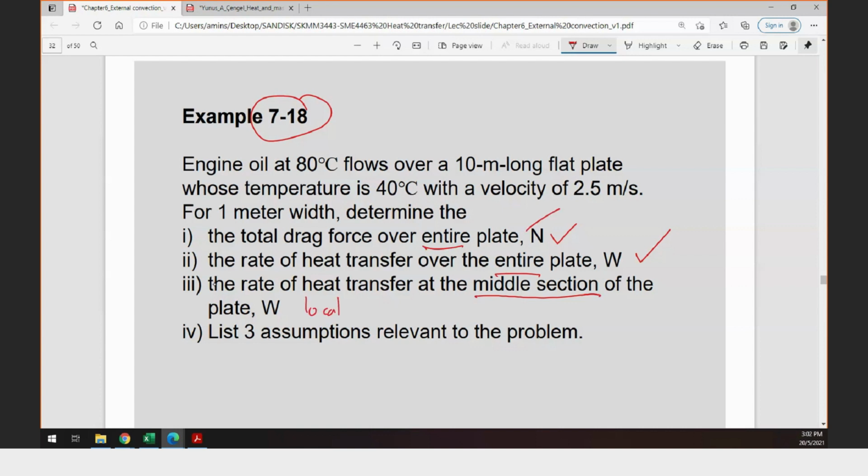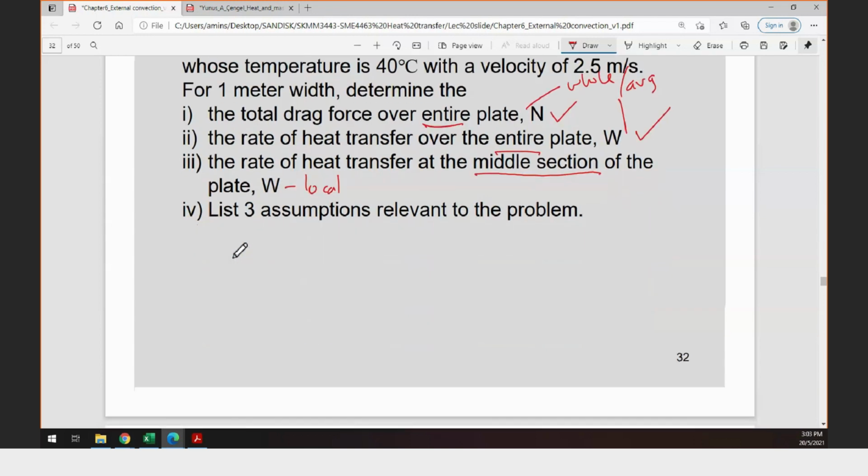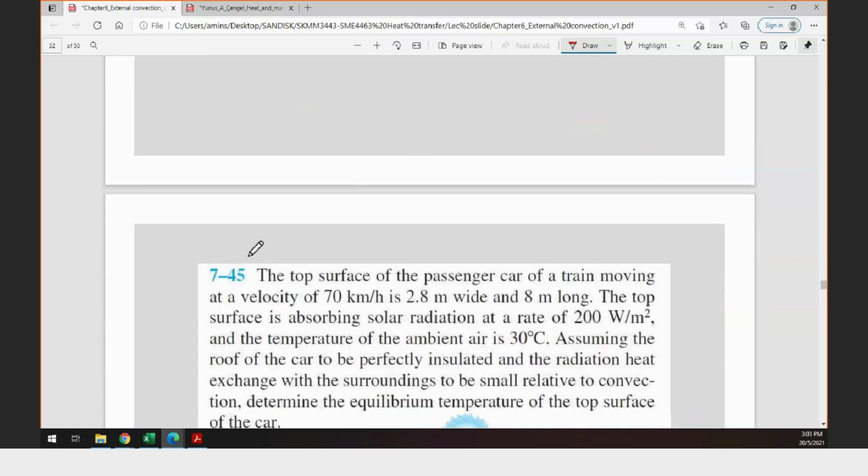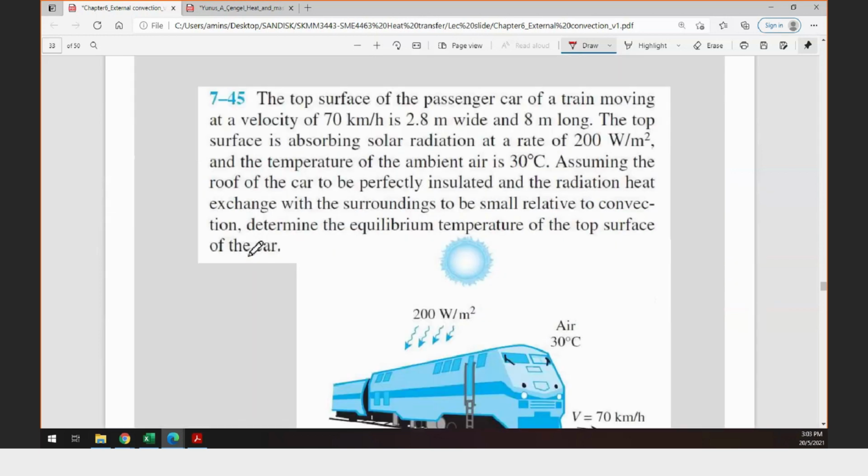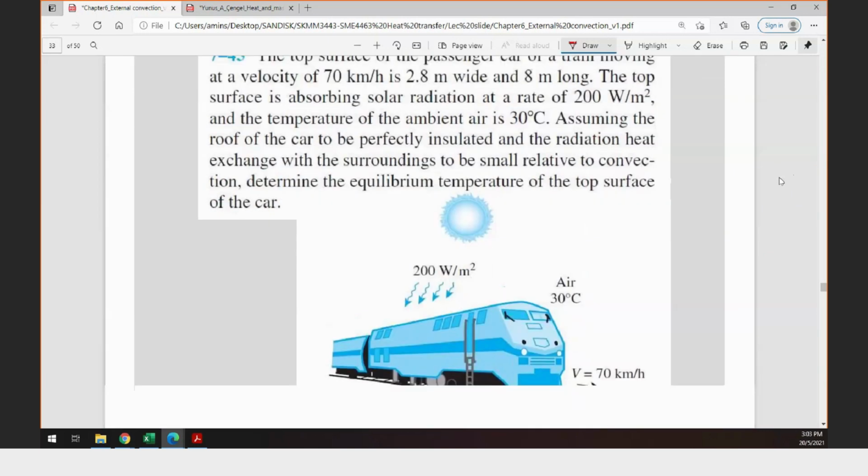This is the whole average. Same here. I want you to do this problem; this one is more interesting.